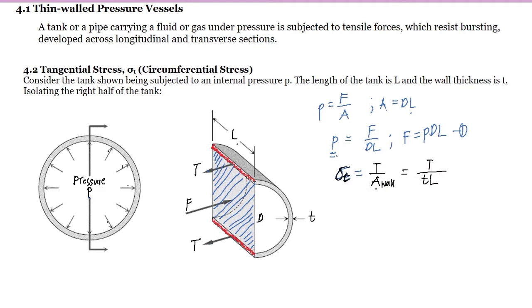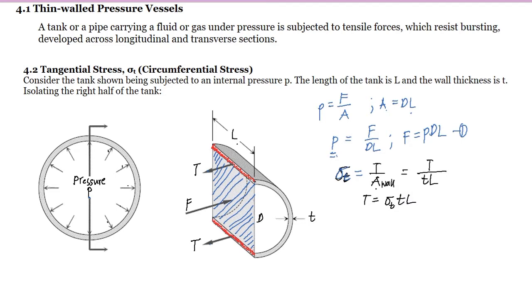So equating this, and we express this equation in terms of the tension in the wall, we have T is equal to the tensile stress multiplied by the thickness and the length.